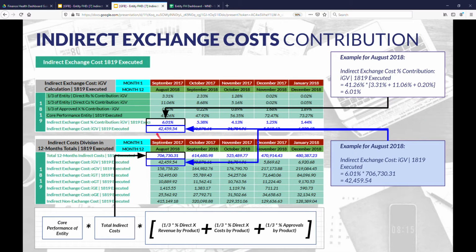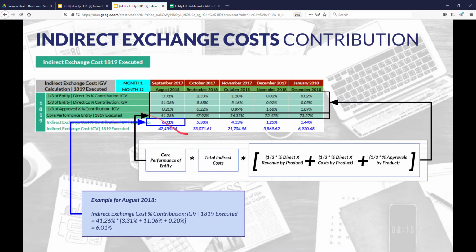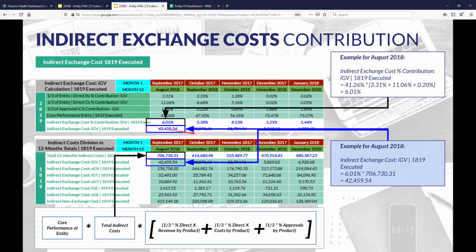Now moving forward, remember this table earlier, and this table as well, with the breakdown of the 12-month indirect costs. Imagine 6.01, the result we already got before, times the total indirect costs from the previous first table.